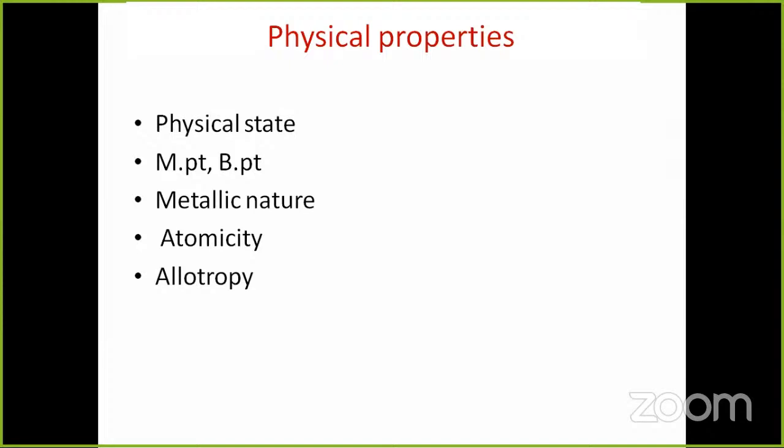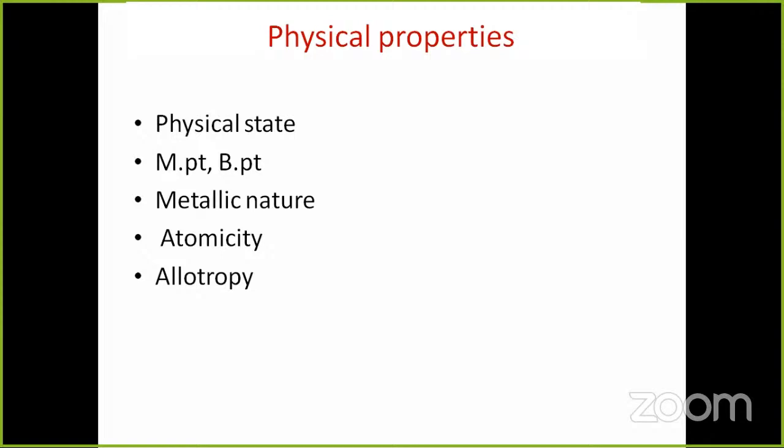And the next property in physical properties is called allotropy. Just now I told you, allotropy means the same element can exhibit different forms. The chemical property is the same, but the physical properties change. Those structures are called allotropic forms, and that phenomenon is called allotropy.